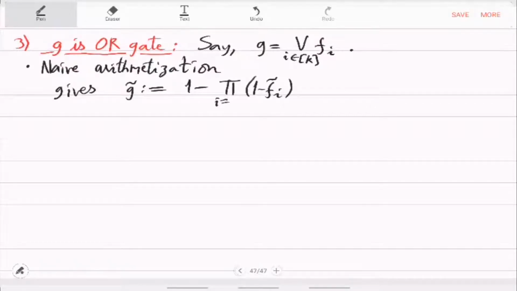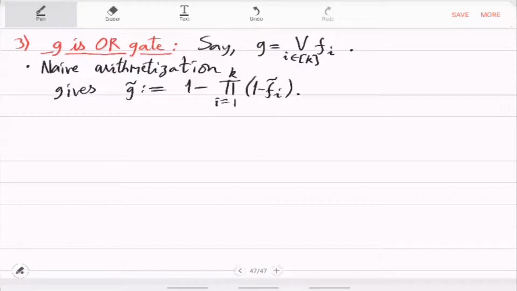So this has the property that when all the Fi tildes are 0, then this evaluates to 0, otherwise it evaluates to 1.